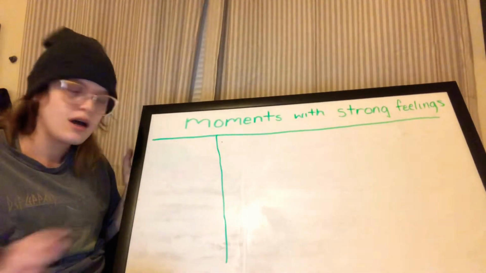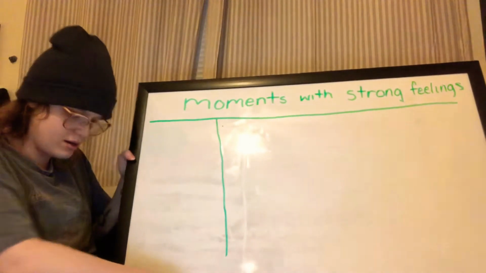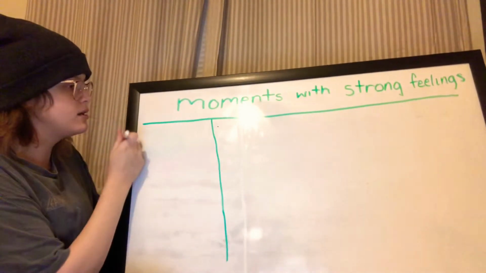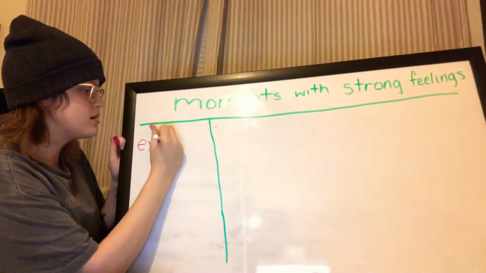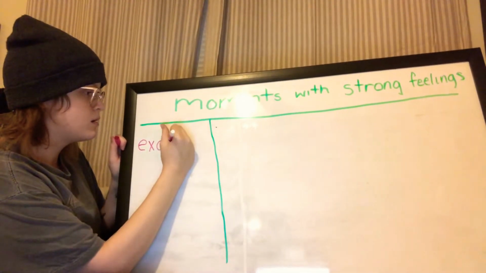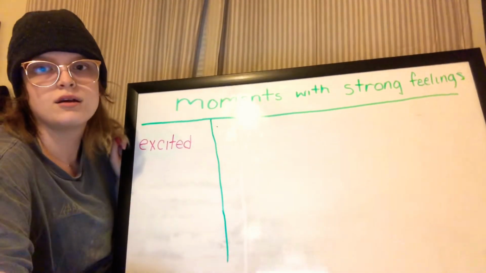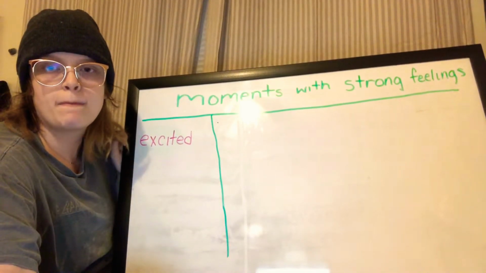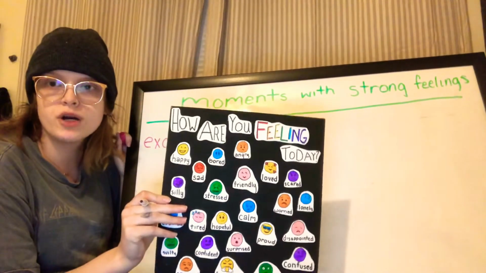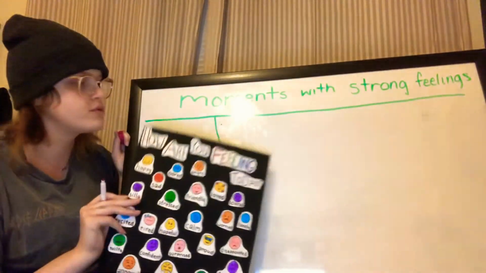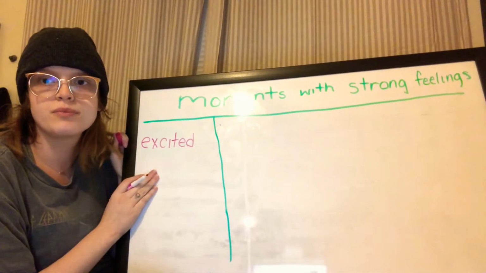So, on this side of my two-part chart here, I am going to write my emotion, which is excited. Okay. So, even though there are a lot of emotions to choose from, I'm just going to choose this one for right now. So I'm only going to focus on excited.